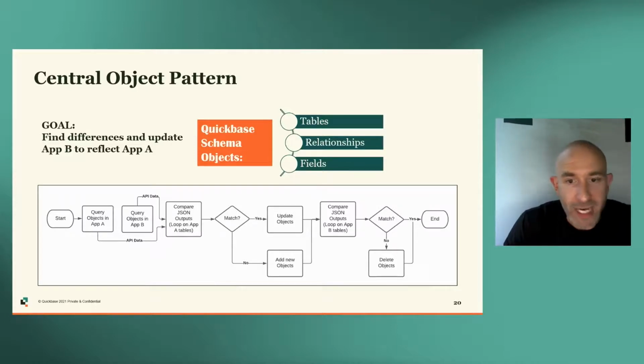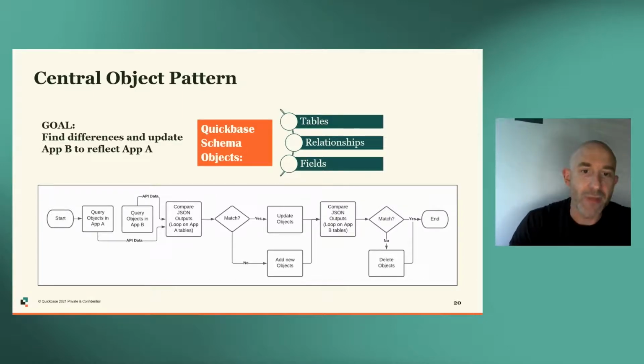And for each of these objects, I've got a workflow here, a flow chart that shows a process we're going to follow when we write our script for this. So we're going to query all of the objects in application A. We're going to query all the objects in application B, or all the tables, let's say if we're working through tables first.